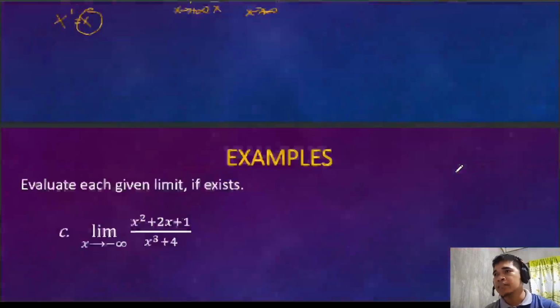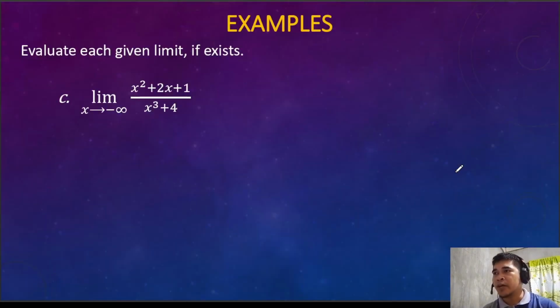Okay? Next, limit of x squared plus 2x plus 1 all over x cubed plus 4 as x approaches negative infinity. So we do the same thing with the numerator and denominator. We need to divide by x, depending on the exponent of x, the degree of the polynomial in the denominator.